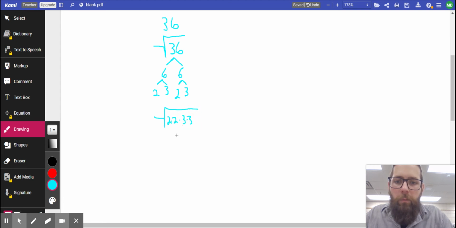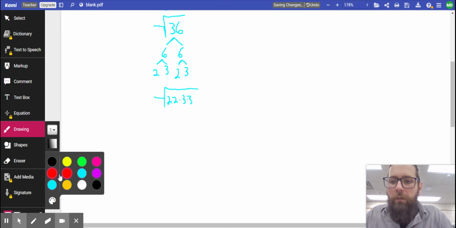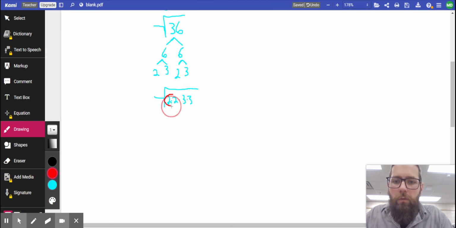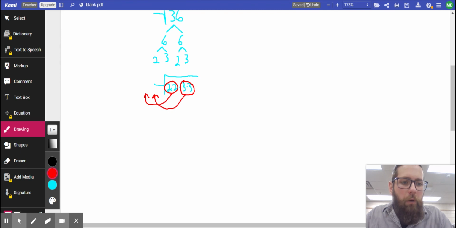If you remember how to simplify these, remember you'll be looking for doubles or twins. I've got a twin 2 and a twin 3, and they get to leave the radical. If this is new for you, check out the video that I posted with this on how to do this.